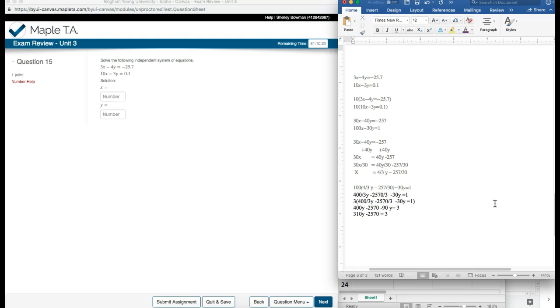Now I'm going to add 2,570 to both sides because I'm solving for y. Add 2,570, add 2,570, and then I have 310y, and I try to keep my equal sign lined up, equals 2,573. Then I need to divide both sides by 310.